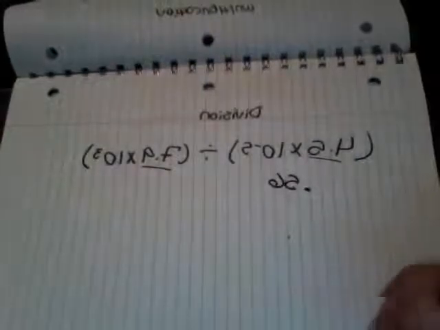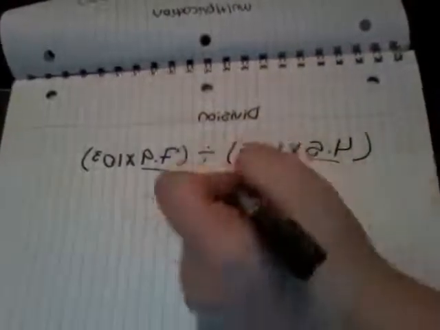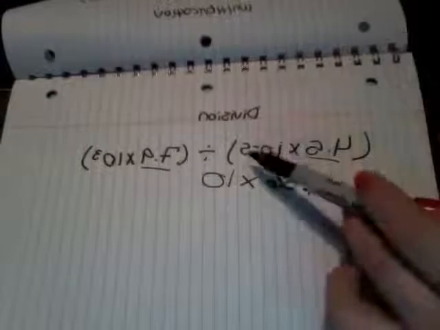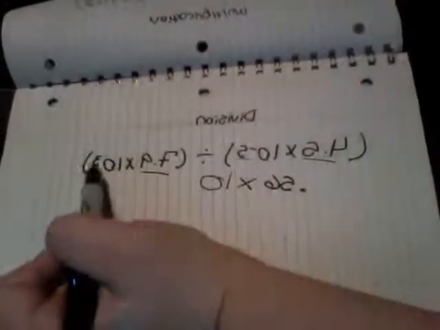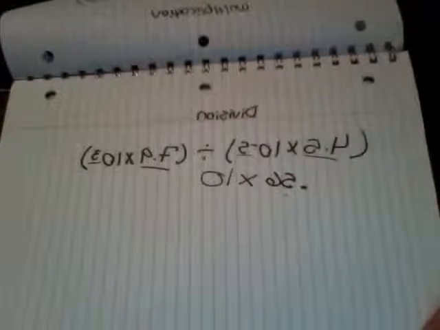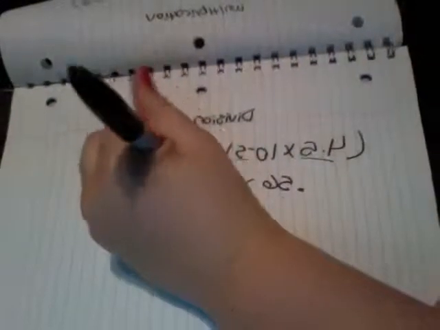That's probably good enough. Times 10. Unlike multiplication, when you are dividing and you have exponents, you subtract them instead of adding them. So negative 5 minus 3 is negative 8.